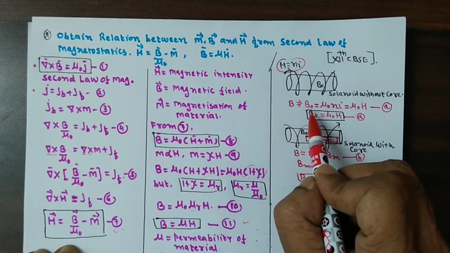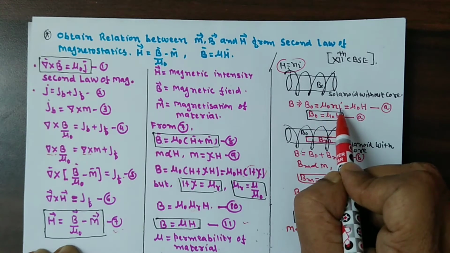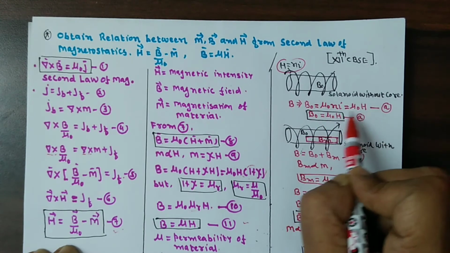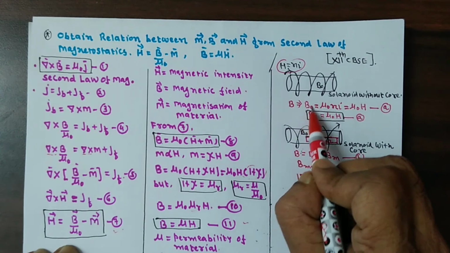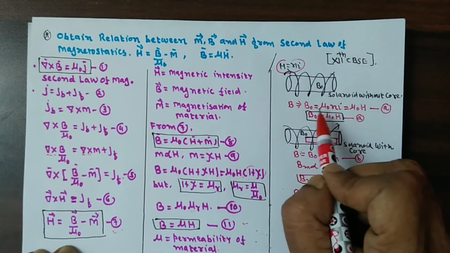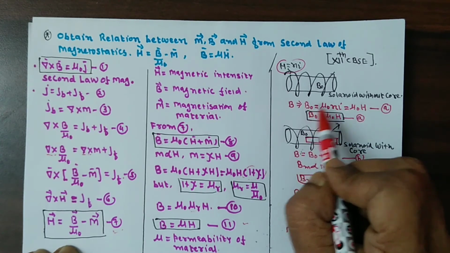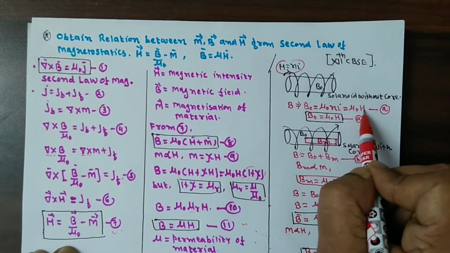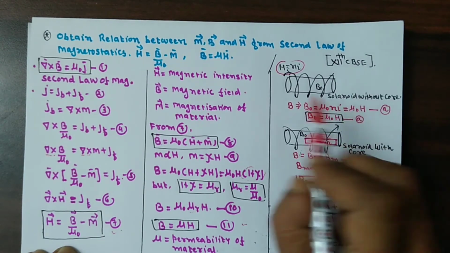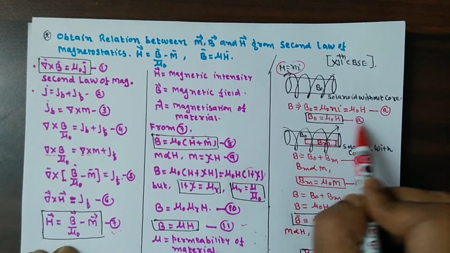Okay, so B0 equal to mu 0 nI, or equal to mu 0 into H. B0 is initial magnetic field without magnetic material, mu 0 into H. H is magnetic field intensity or magnetic intensity. So B0 equal to mu 0 into H.